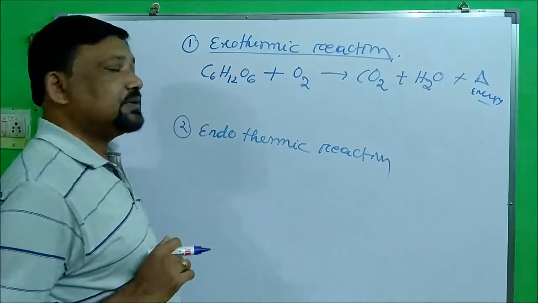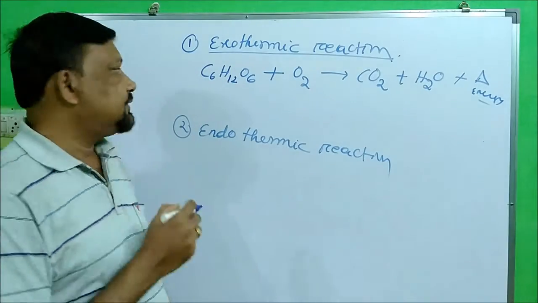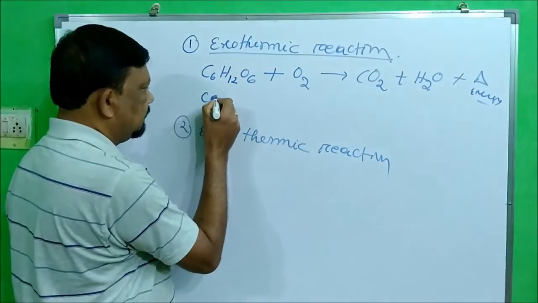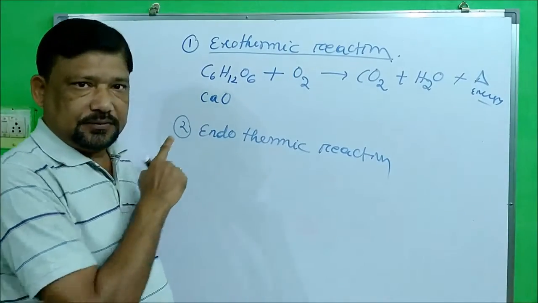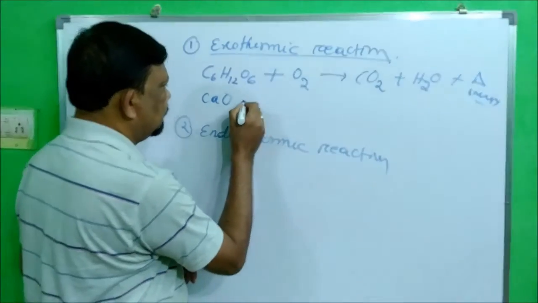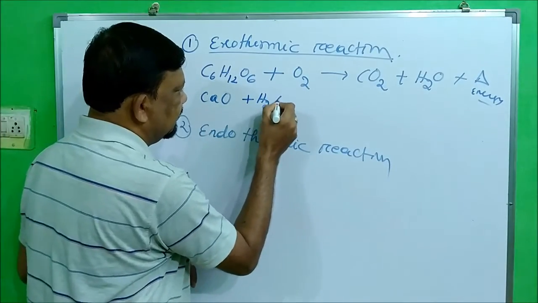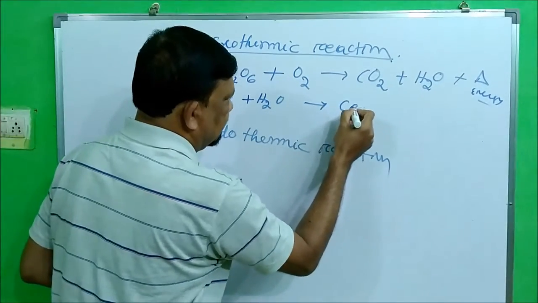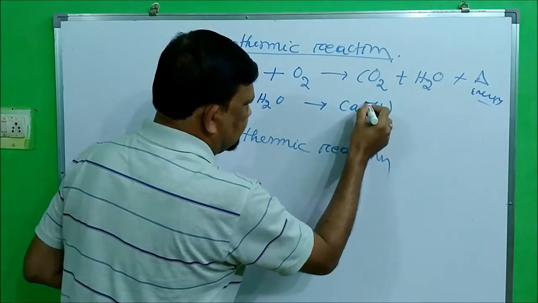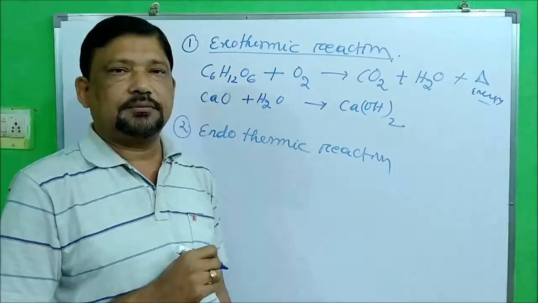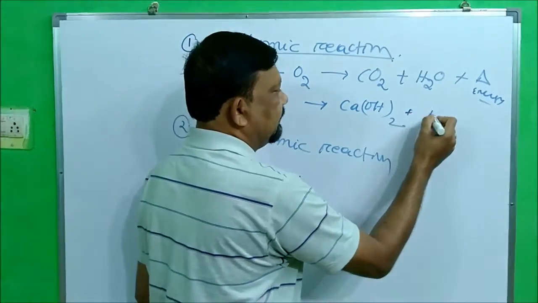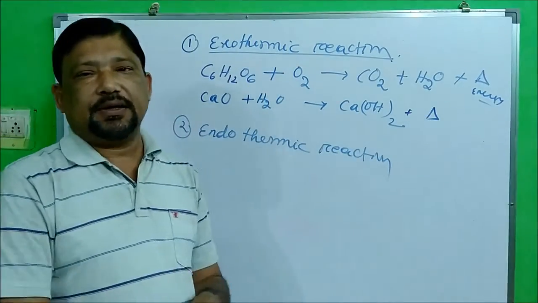Okay. One more example we will take here. Calcium oxide, that is chuna patthar. When you add water here, it gives you calcium hydroxide and a tremendous amount of heat is released.